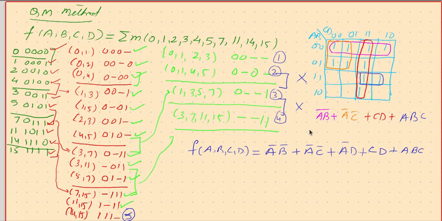So we get A bar, B bar, we get A bar, C bar, we get CD, we get ABC, but one term extra we got, and that extra was just because we tried to take this extra.